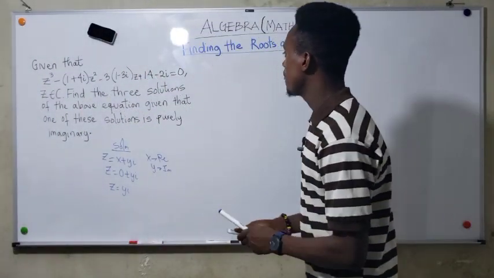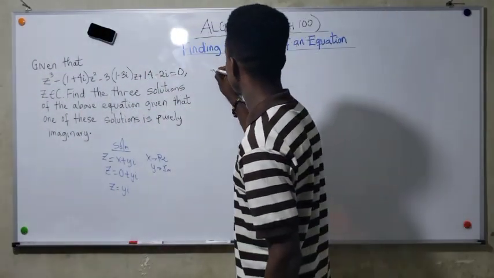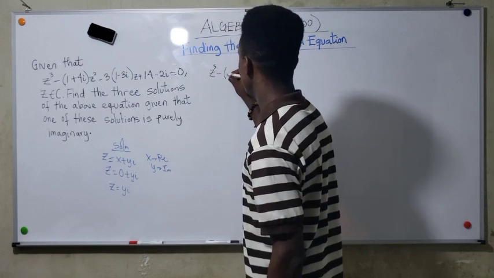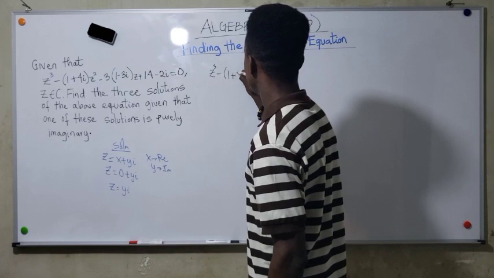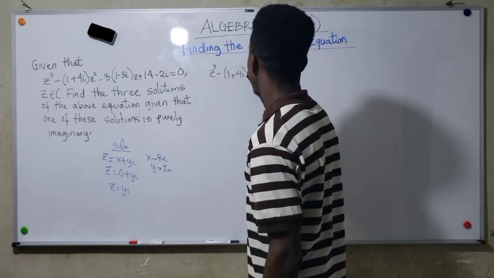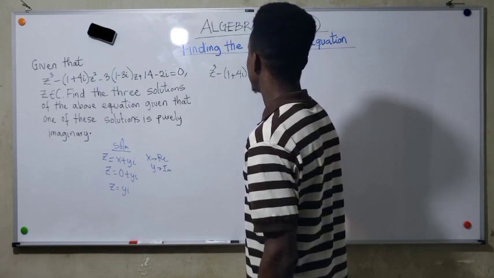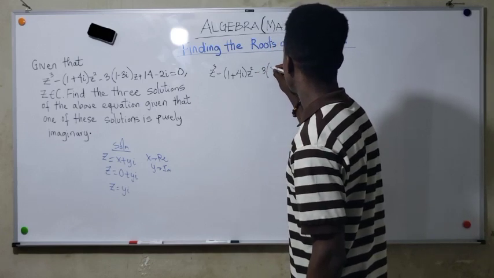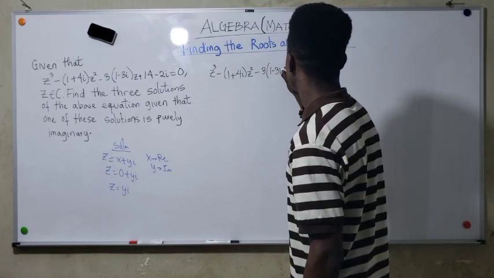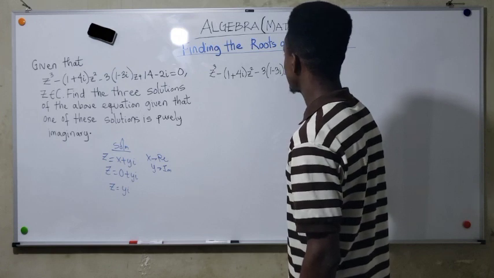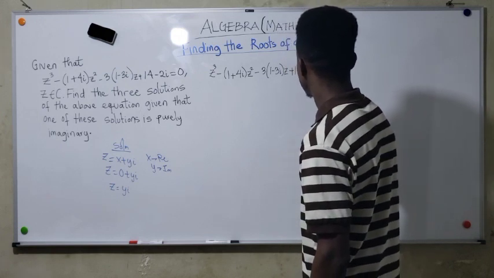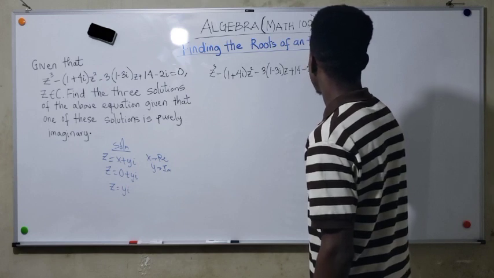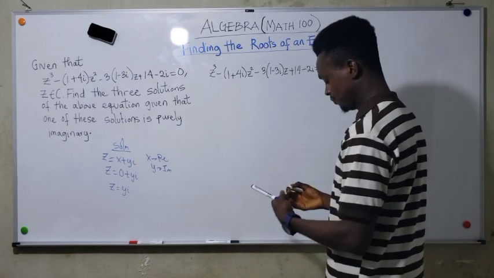Looking at the equation, z cubed minus (1 plus 4i) z squared minus 3(1 minus 3i) z plus 14 minus 2i is equal to 0.